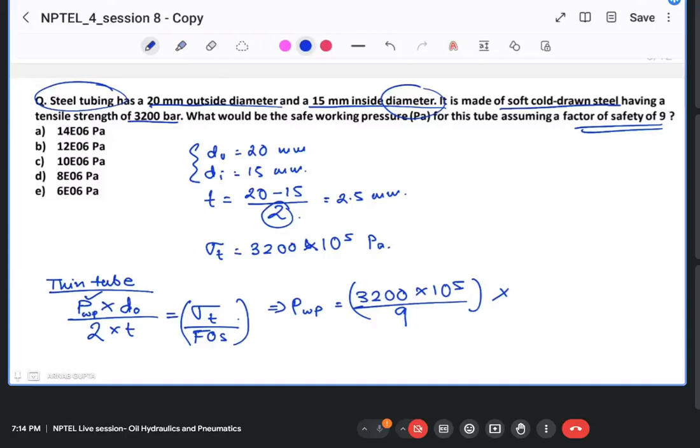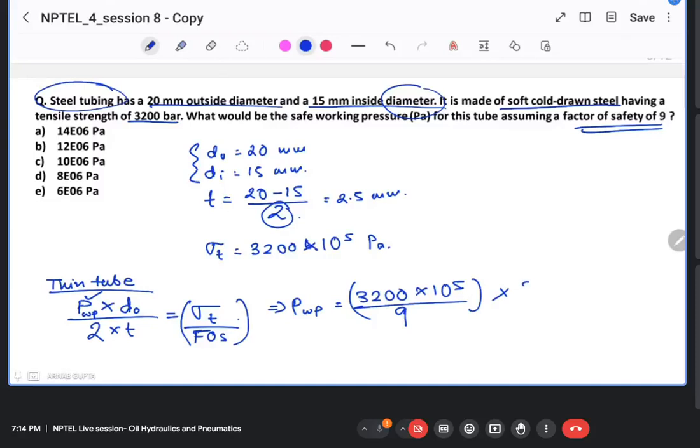Suppose when the valve is closing or it is shifting from one path to another, then there is some sudden resistance to the flow, which leads to a sudden hike in pressure. So that is also taken into account by considering a higher factor of safety, 9.